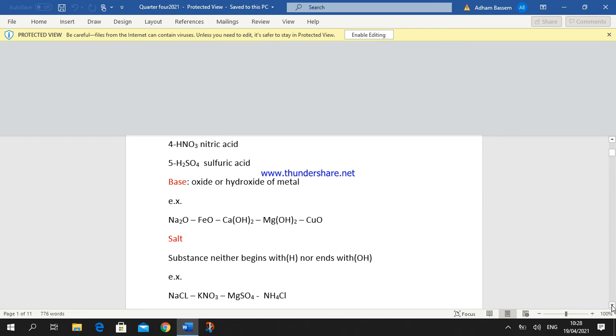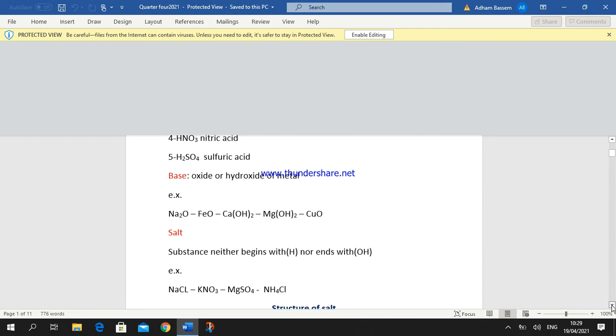Metal oxides result from the combination of a metal element with oxygen, like sodium with oxygen giving sodium oxide, and iron with oxygen giving iron oxide. Non-metal oxides result from the combination of a non-metal element with oxygen, like carbon with oxygen giving carbon monoxide or carbon dioxide.